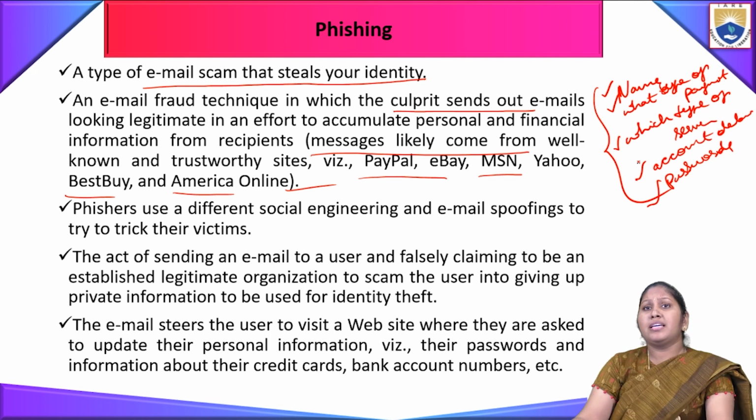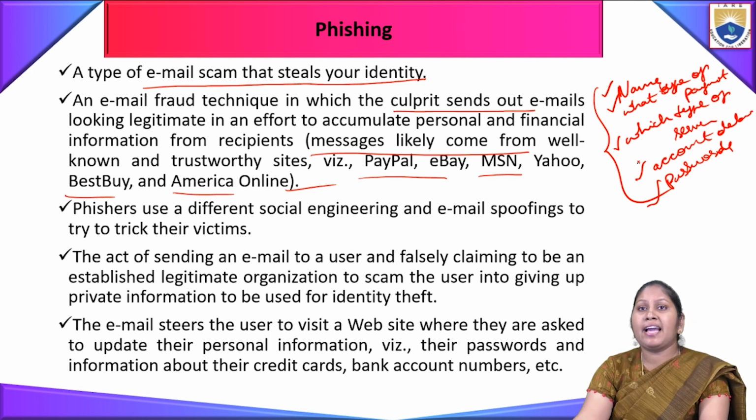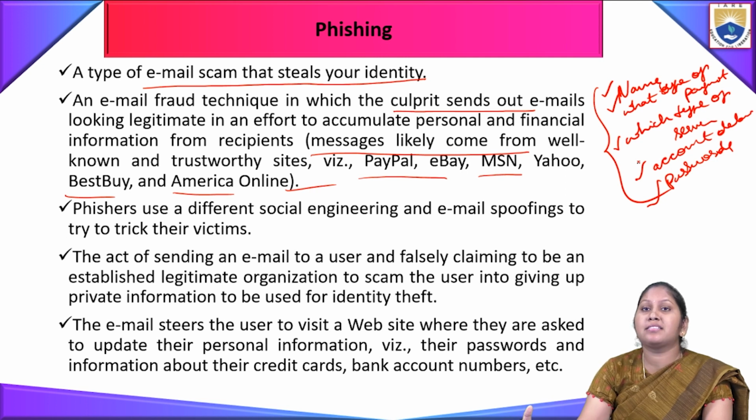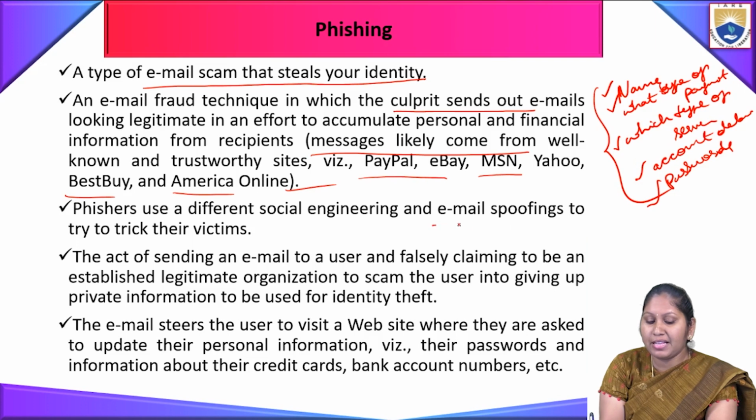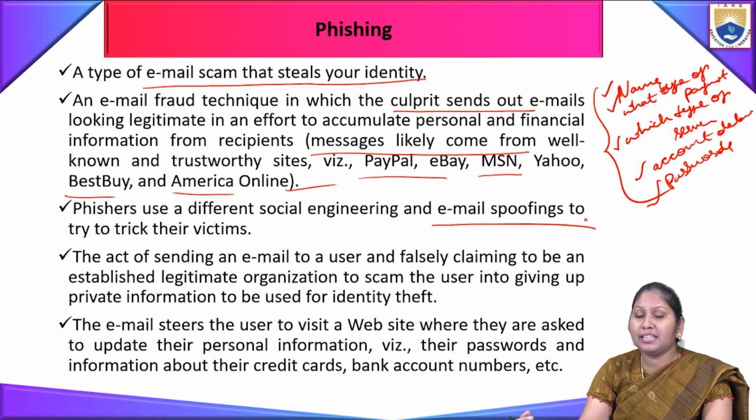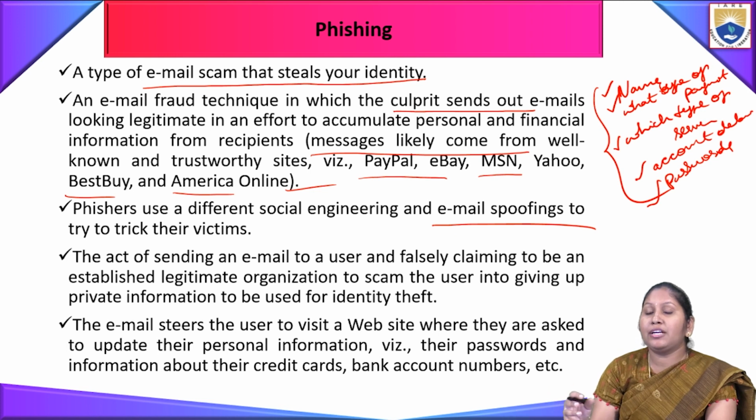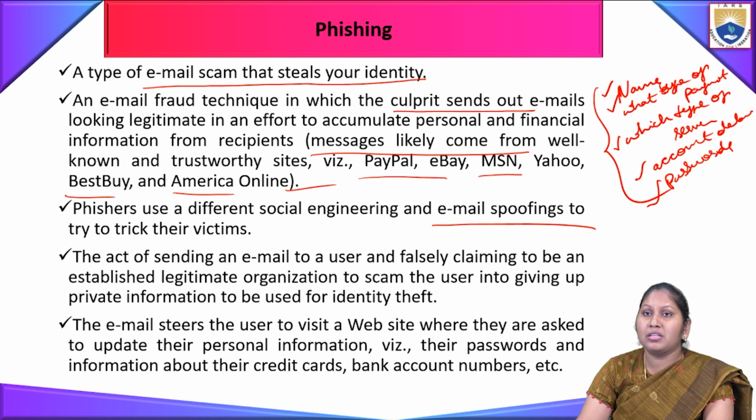Also, the phishers, the attackers who carry out phishing attacks, use different social engineering and email spoofing to trick their victims. They try to make the victims trust that the message is coming from a trustworthy organization or website.